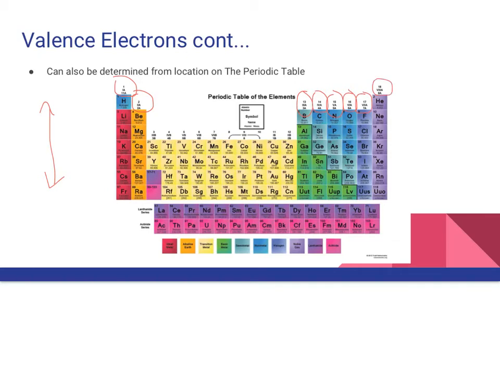These middle elements here, we're not going to worry about the numbers, and for now we're just going to refer to those as the B elements. But if we go back to our sodium example, we already established sodium has one valence electron. And if we look at the location of sodium on the periodic table, we will see that sodium is found in group 1. Now that is not a coincidence.